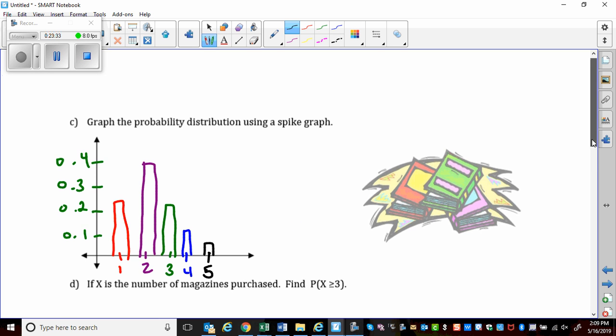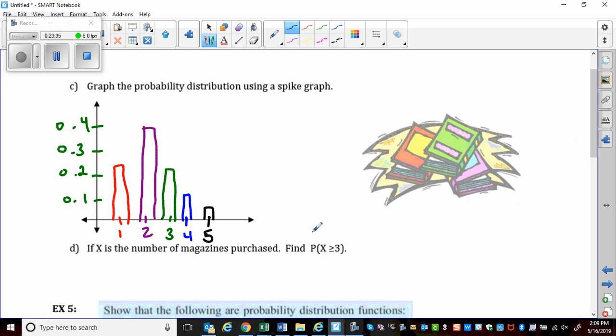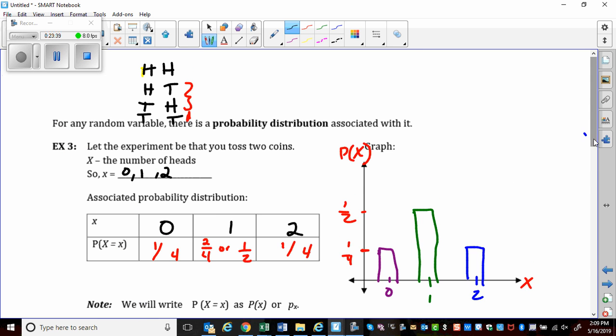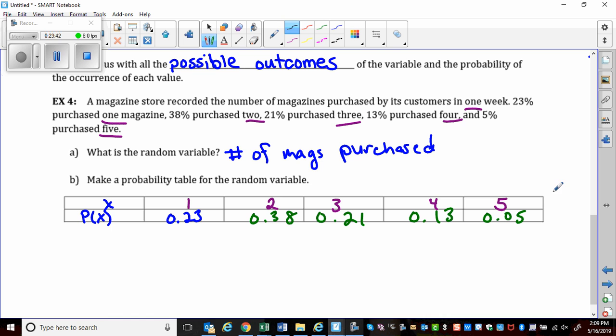If X is the number of magazines purchased, find the probability of X is greater than or equal to 3. So the probability that X is greater than or equal to 3, it's inclusive, is this probability.